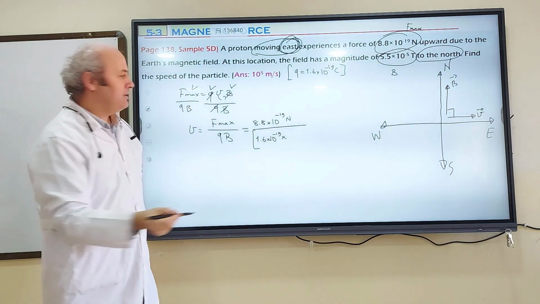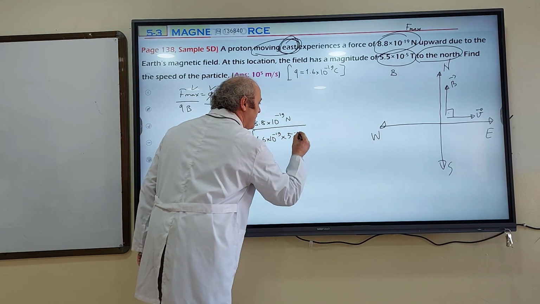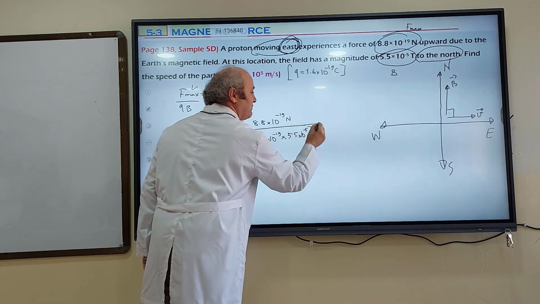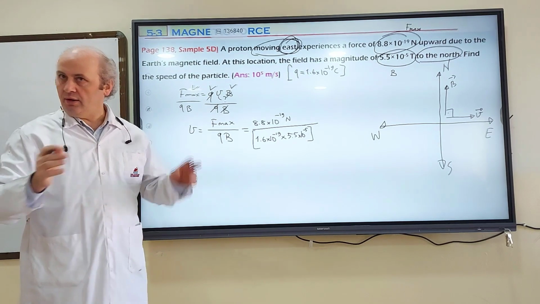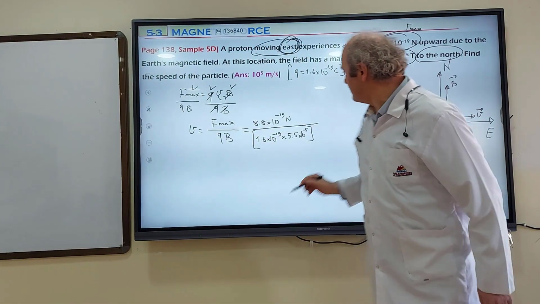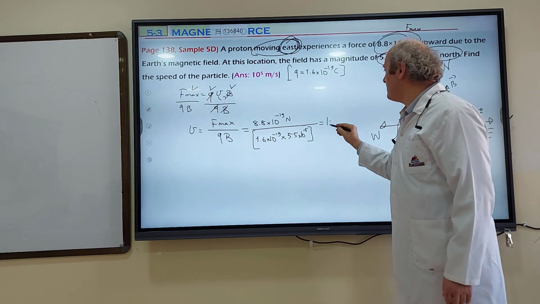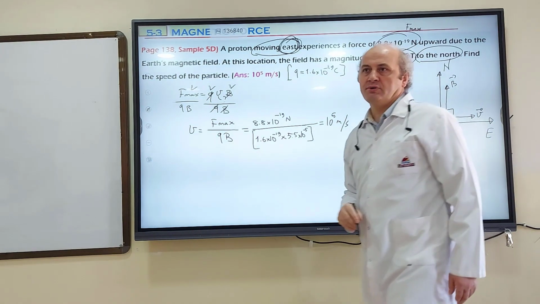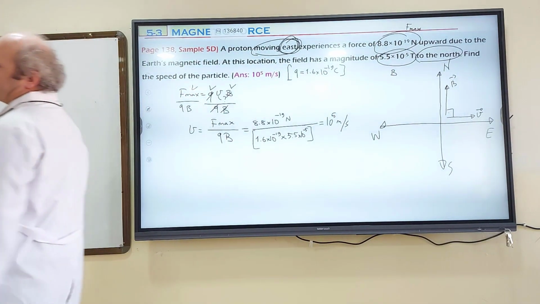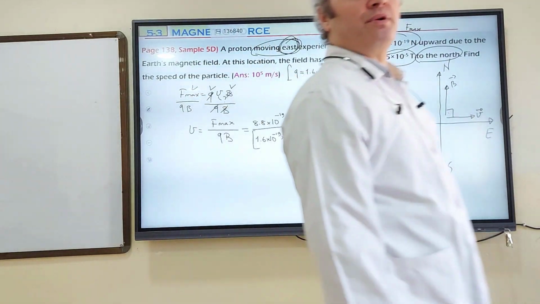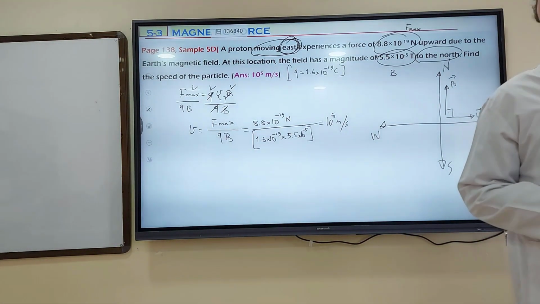Don't forget to use brackets for the denominator. Only at the beginning and at the end you should put denominator brackets. The result is going to be 10 to the power of 5 meter per second. So 10 to the power of 5 meter per second is the speed of this proton inside this magnetic field.